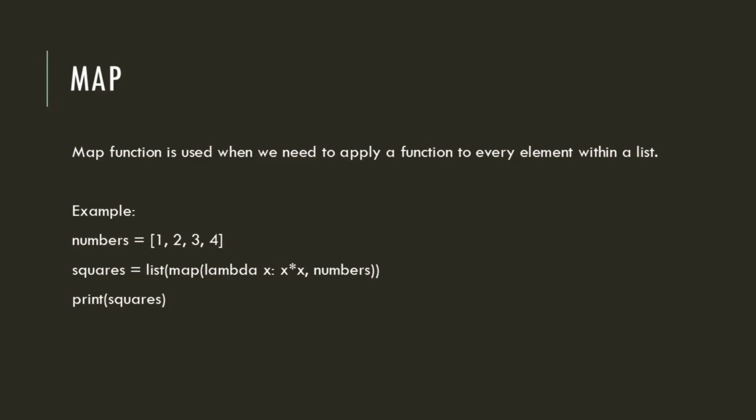Let's take an example. numbers = [1, 2, 3, 4]. squares = list(map(lambda x: x * x, numbers)). print(squares). This will print the square of every number within the defined list.